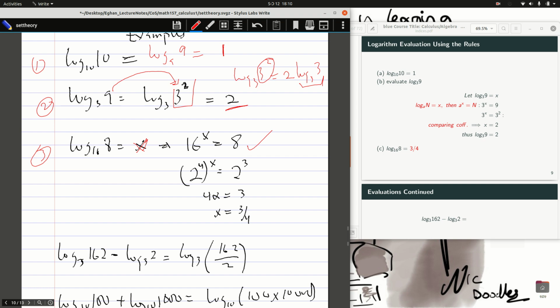I know 8 is 2 to the power 3. It means I have to find a number, 2 to the power something, such that I can compare them. Now because the bases are the same, we go back to indices.